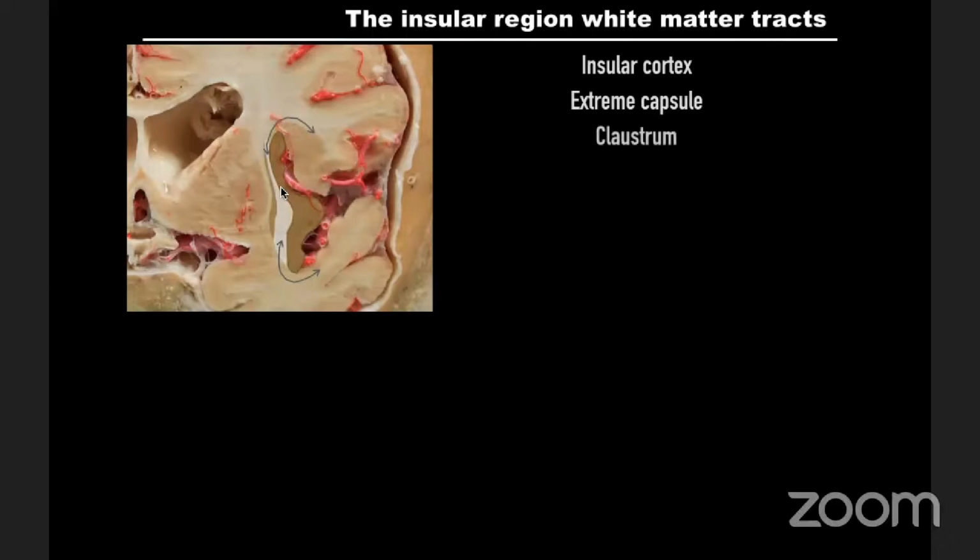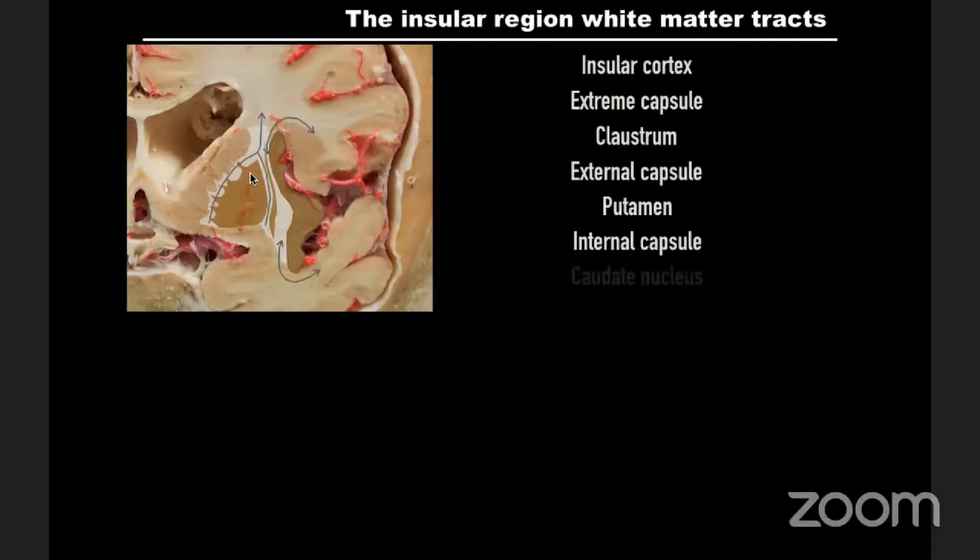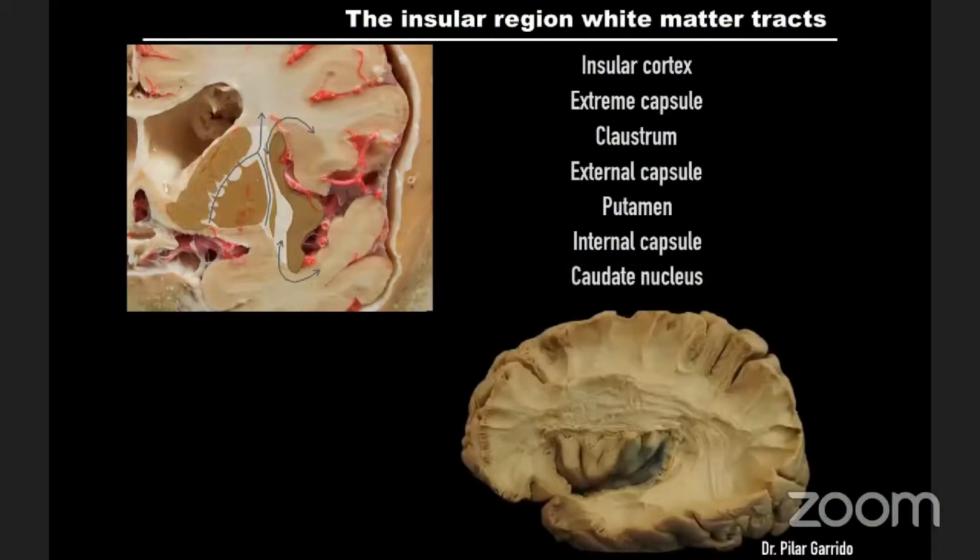If we keep going, we will see the claustrum, which is this very thin layer of gray matter, then the external capsule, the lateral basal ganglia given by the putamen, the internal capsule, and finally, how the internal and external capsules are joining together in the superior part of the putamen, and joining the corona radiata. Finally, we will have the caudate nucleus right there.